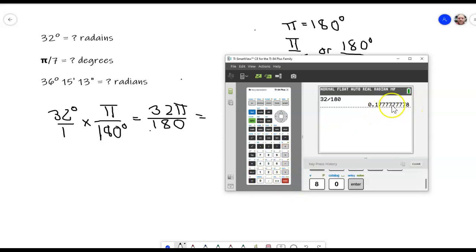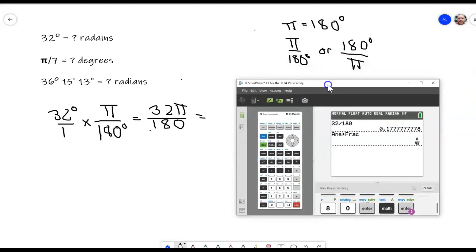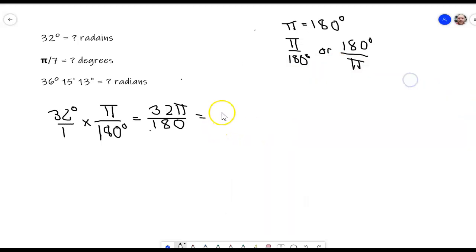I get some decimal point, and then I'm going to hit math, fraction, and it tells me that 8 over 45 is in lowest terms, so my final answer would be 8 pi over 45.